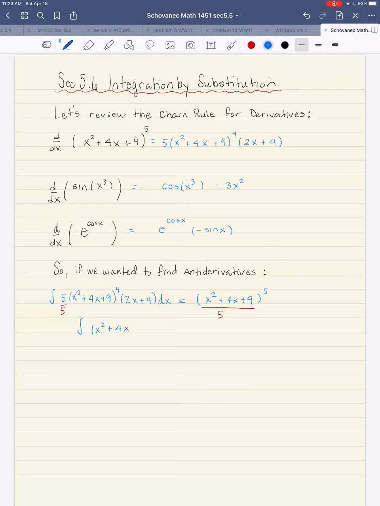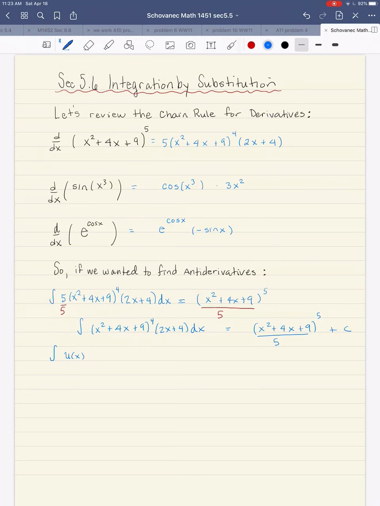And what that says is that if I wanted to integrate, say, (x squared plus 4x plus 9) to the fourth times (2x plus 4) dx, I do it by adding 1 to the power of the main part of the integral, the x squared plus 4x plus 9, and then I divide by the new power. That's going to be our general power rule.